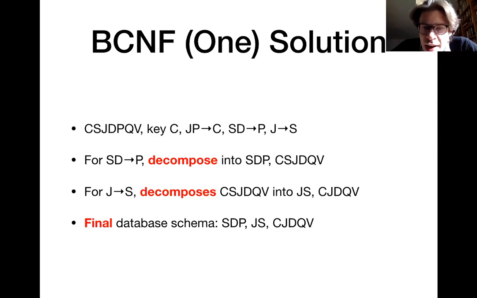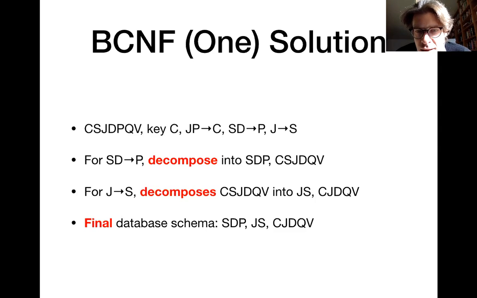For the other relation, we have that C must still be a key. JP implies C does not have its attributes only in the second relation.